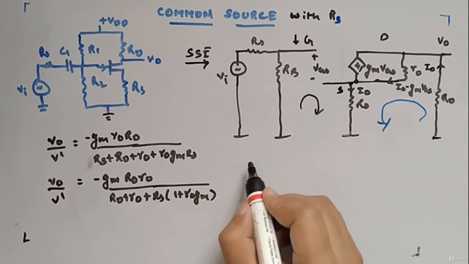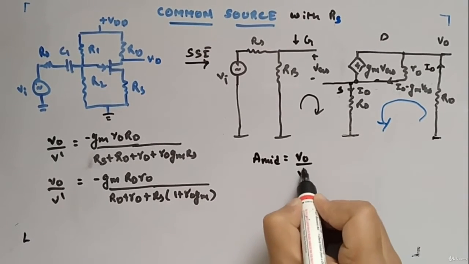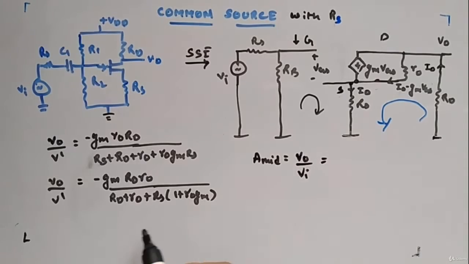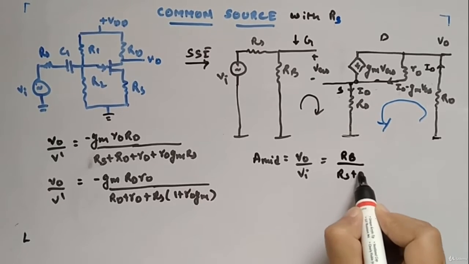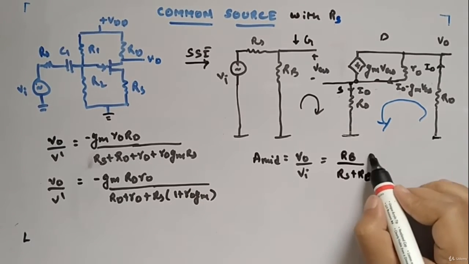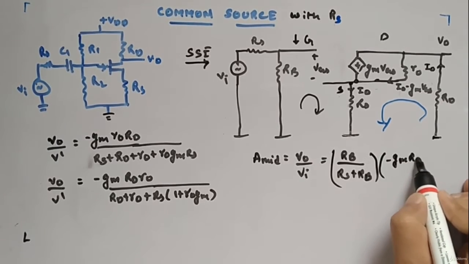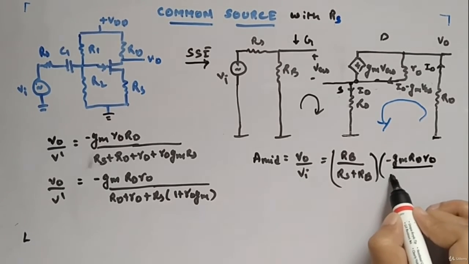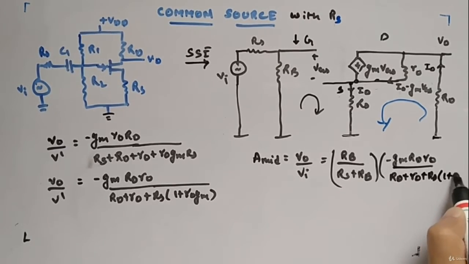Or if you want the mid band gain, that is V naught by Vi, that will be just the voltage division. V dash is connected as a voltage division, so RB divided by RS plus RB, into minus GM RD R naught divided by RD plus R naught plus RS times (1 plus R naught GM).